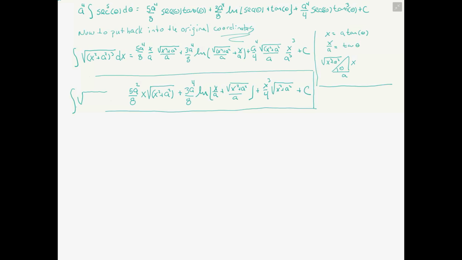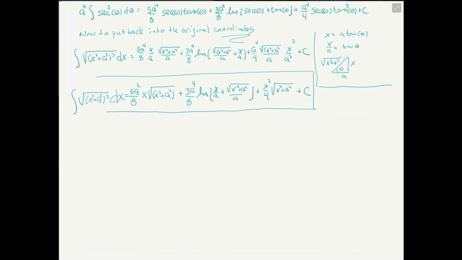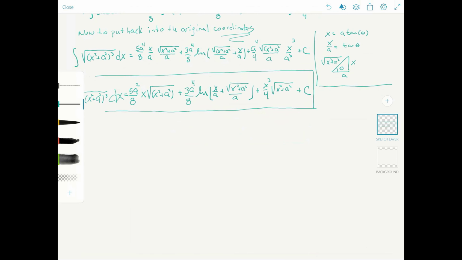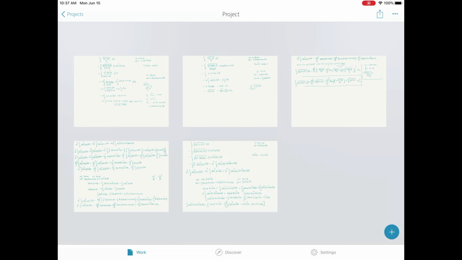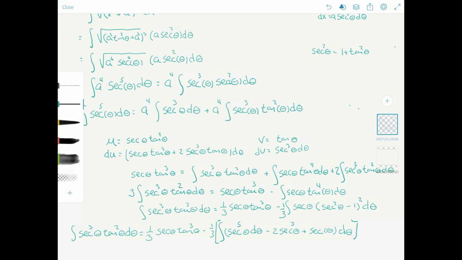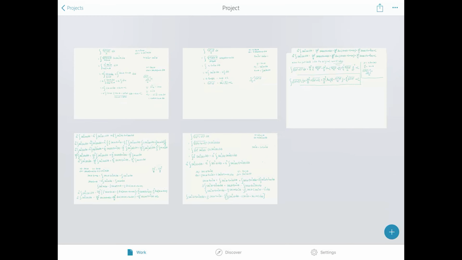So, our integral dx over x squared plus a squared cubed. And I just want to check, make sure, whoops, that's the original integral that we were working with. Yes, indeed. That was the original integral.